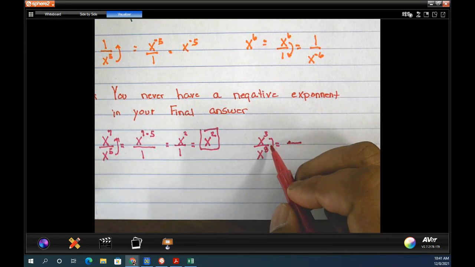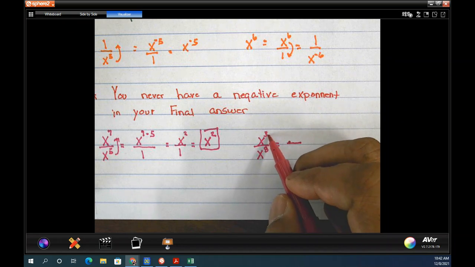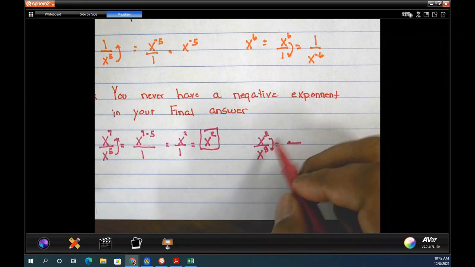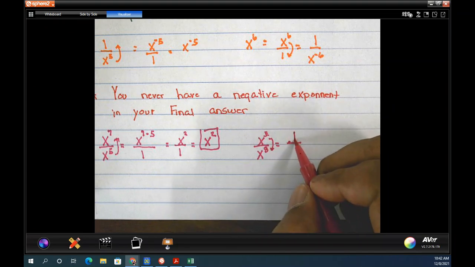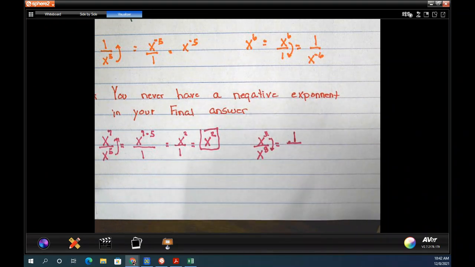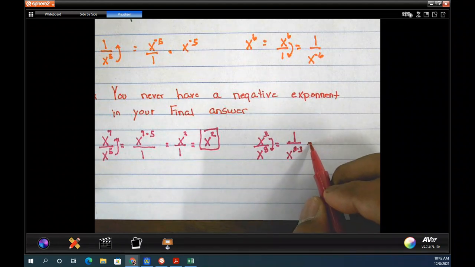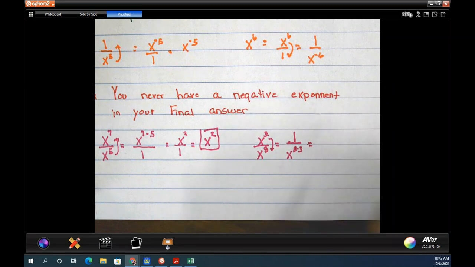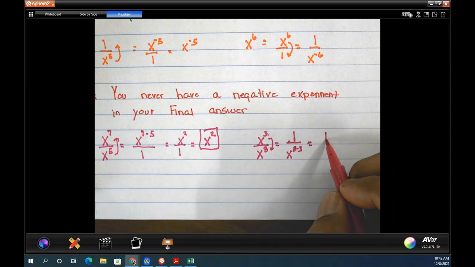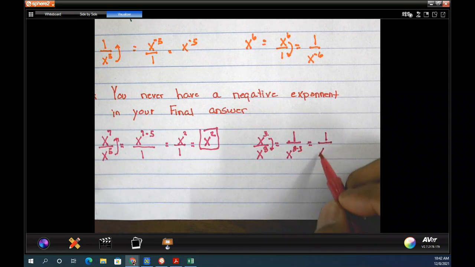When we move it, x cubed, it's going to be what? 1 over 8. But the 3 is going to become what type of number? Negative. But here's the deal. You can't forget about that 1 right there. So it becomes 1 over x to the 8 minus 3. And I would advise working it out this way when you first start off at it. So 1 over x to the 5th. That's your answer right there.